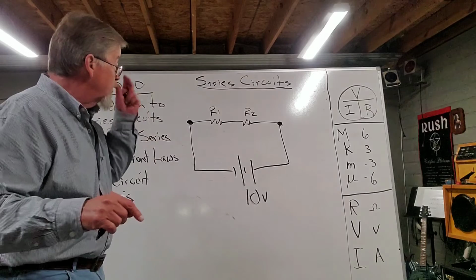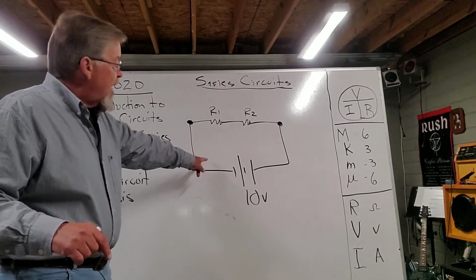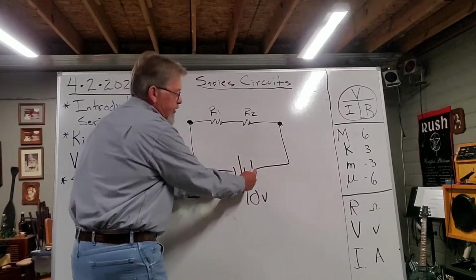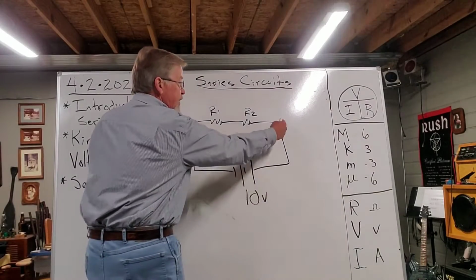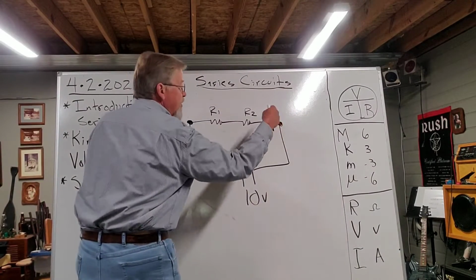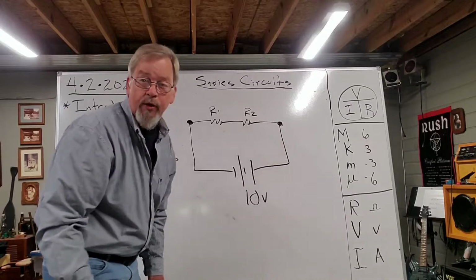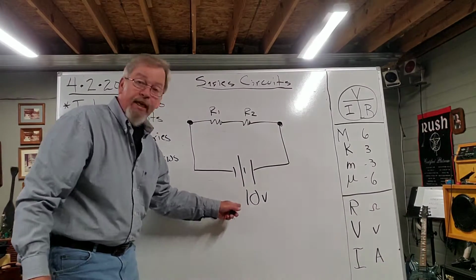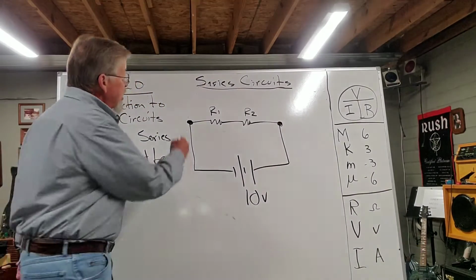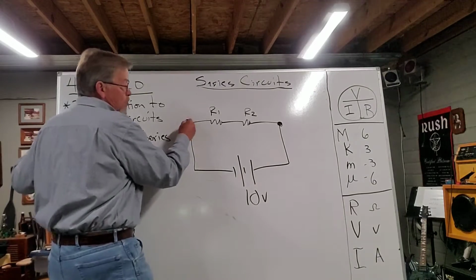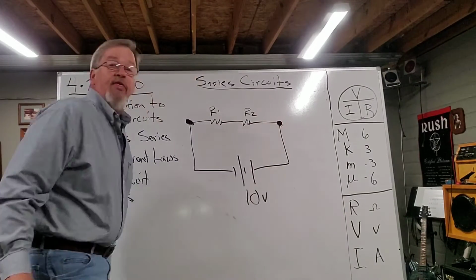So here's the deal. If I measure the voltage across this source, and this source is connected to these 2 points, the amount of voltage that I'm going to have between those 2 points is equal to that source voltage. So I have 10 volts between there and there.